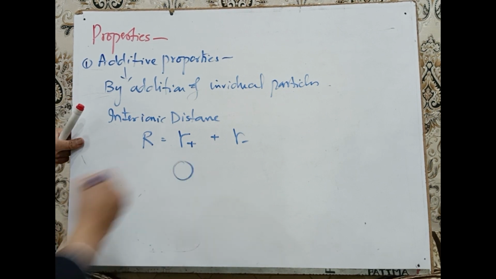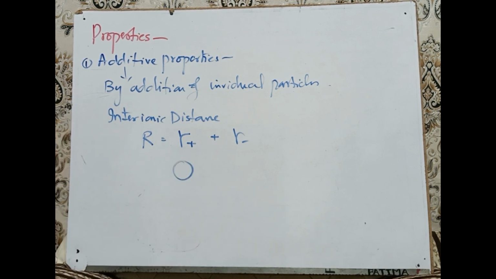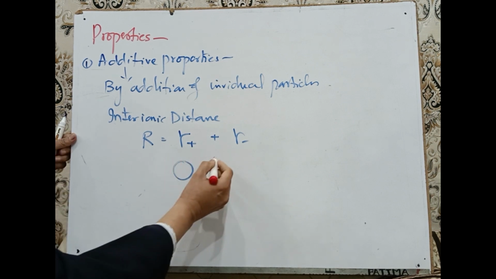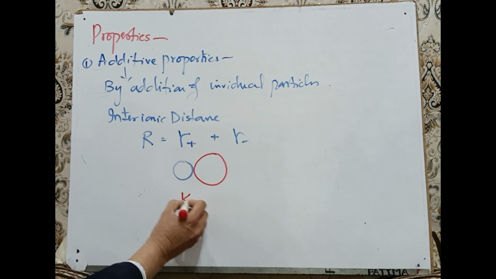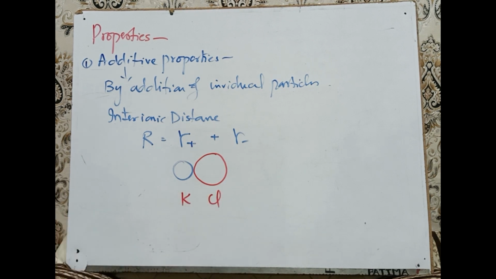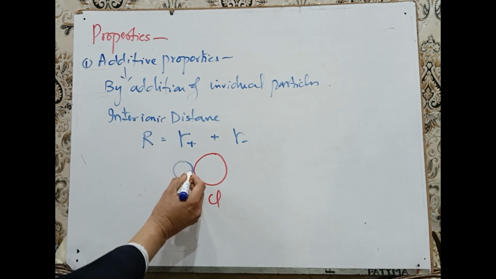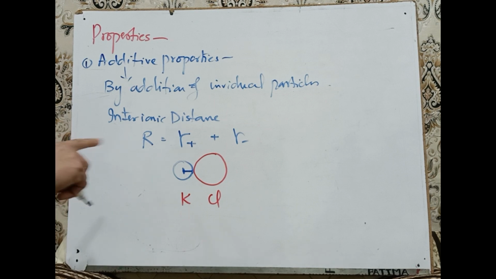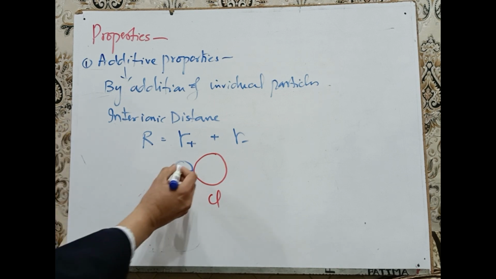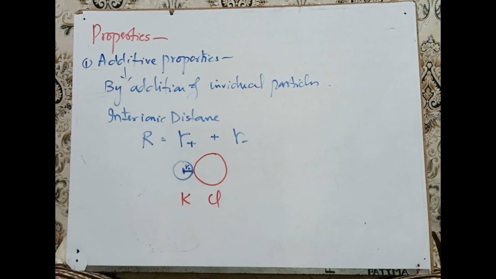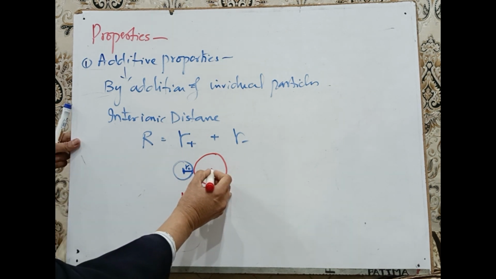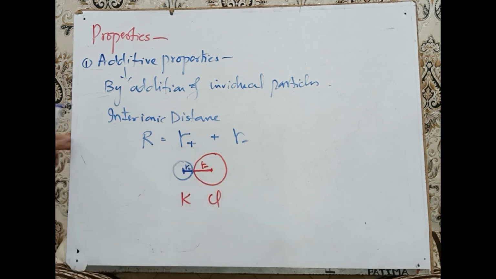For example, this is cation and the size of cation is always smaller as compared to the anion. This is anion. Let it be K and Cl. Then the distance of the K from the center of nucleus is its cationic radius, R positive, and the distance from the center of nucleus to the chloride is R negative.